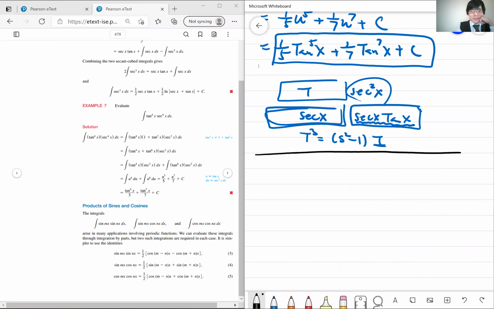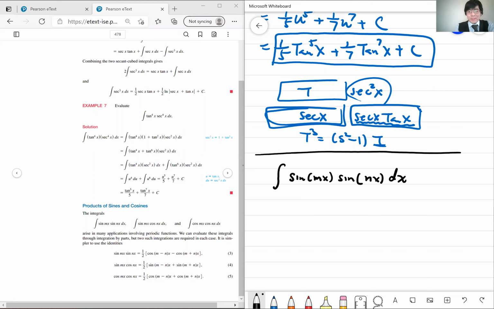Okay, one more thing in this section is about the product of sine and cosine, which looks like sine of some linear function times sine or cosine, doesn't matter, of some linear function. When you have something like this, there are 2 ways to do it, and one is integration by parts.